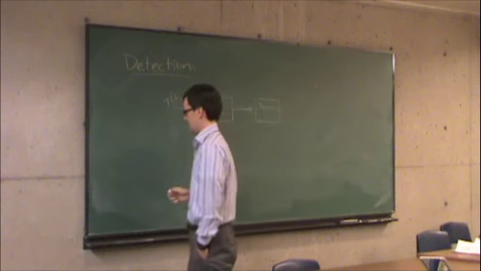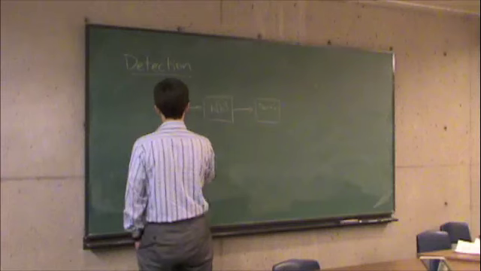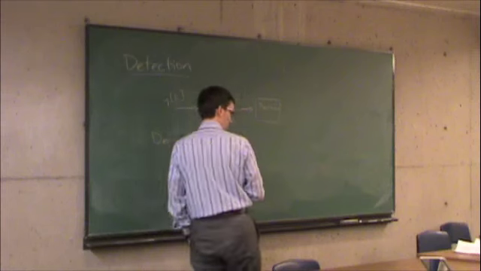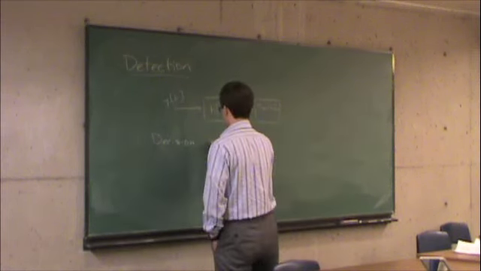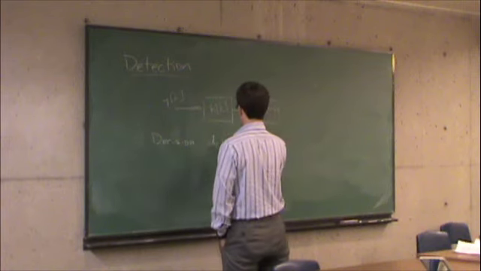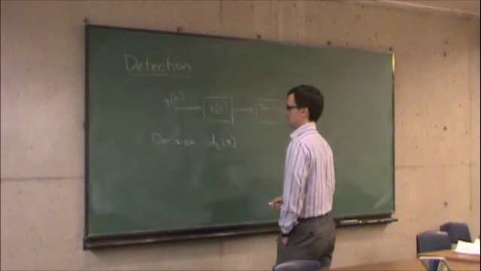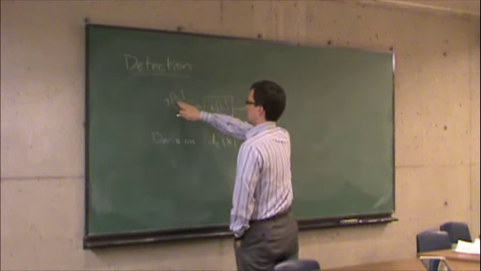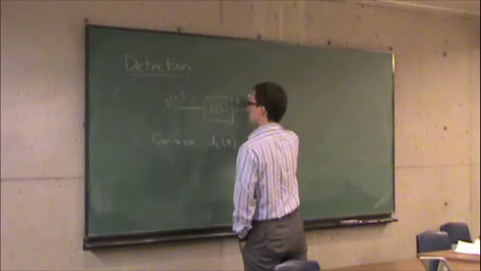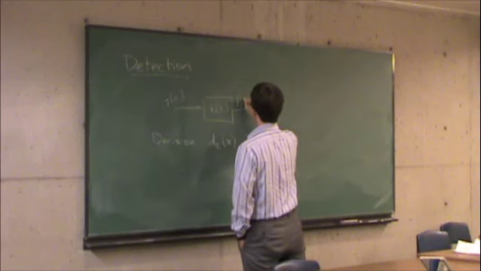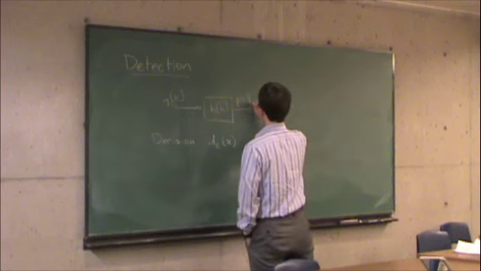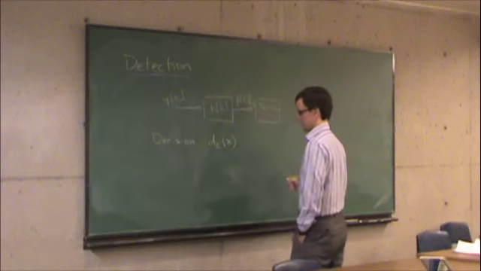Our idea with the decision is that it implements a function dz of x, whatever is input to the decision. Actually, let me say y of k, the output of the filter, which we said was phi of k, and we evaluate this every NB samples.